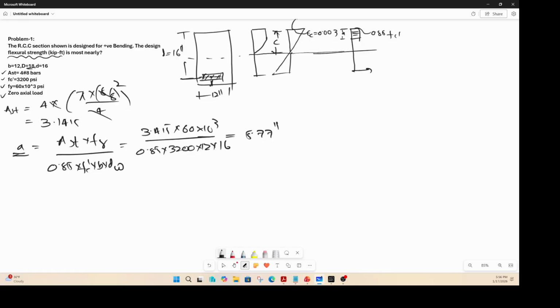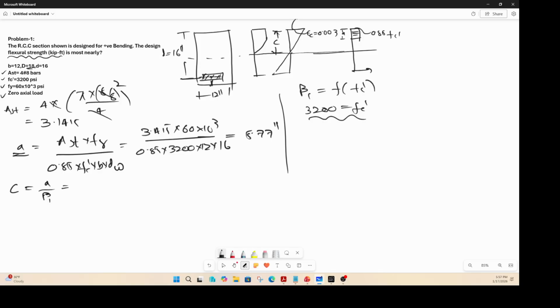It is not the depth of the neutral axis. The depth of the neutral axis is a by beta, right? And the beta is, as we talked about, beta 1, a function of your Fc prime. Fc prime is 3200 in this problem. So you need to calculate your beta value from the table that I showed you.